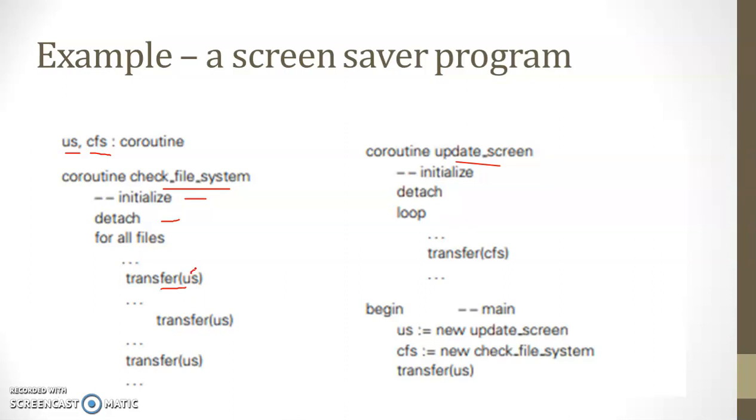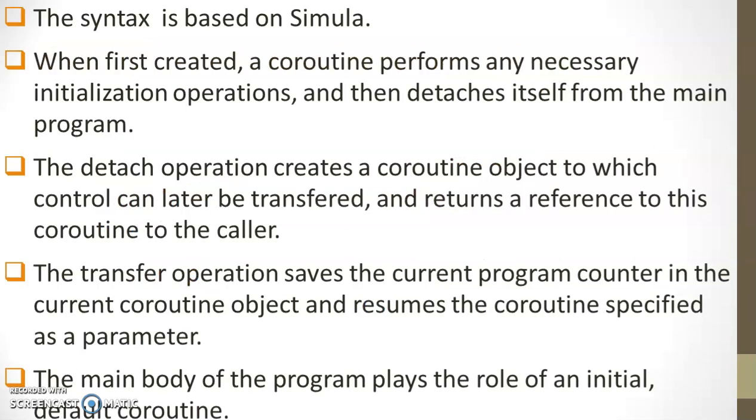Within the brackets of transfer you tell the name of the coroutine to which the control needs to be given. In this transfer routine, some set of procedures is implemented so that control can be transferred to the coroutine given as an argument.